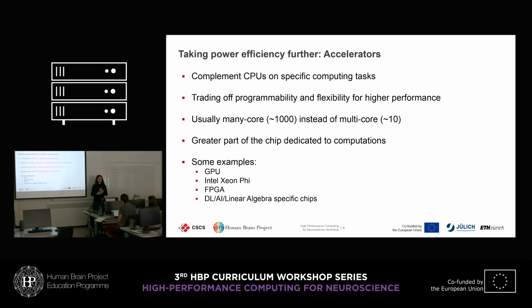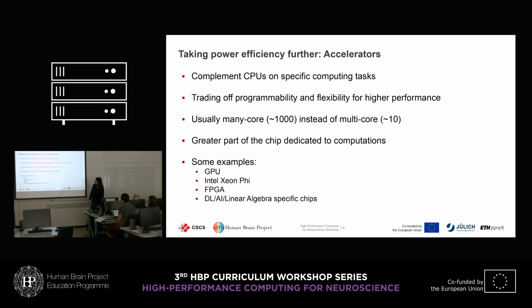FPGAs, field programmable gate arrays. And also, now we're seeing the rise of deep learning, artificial intelligence, and linear algebra specific chips, since the market and the hype around machine learning and artificial intelligence is so big, and it's actually based on a lot of matrix multiplications. We're seeing a rise in these dedicated chips.